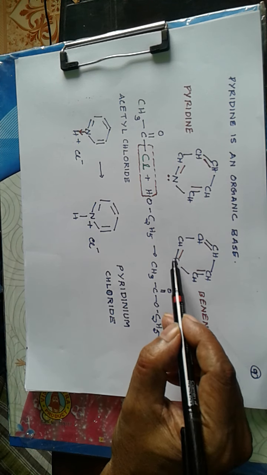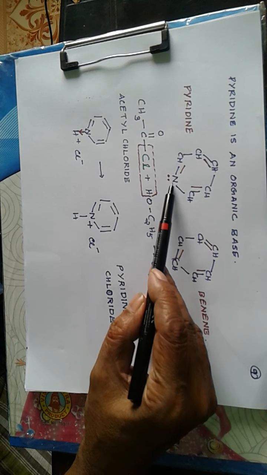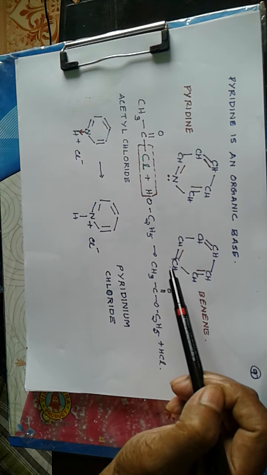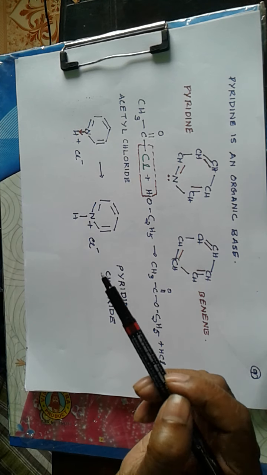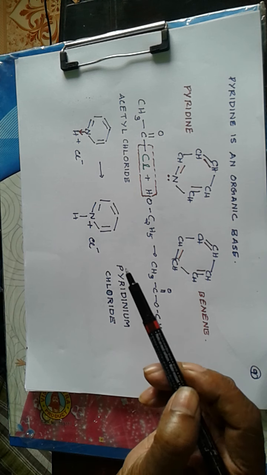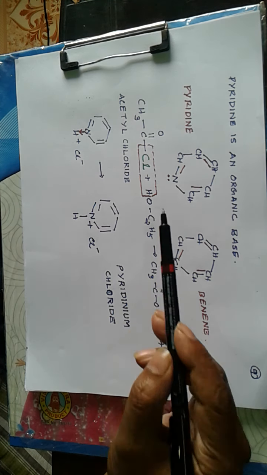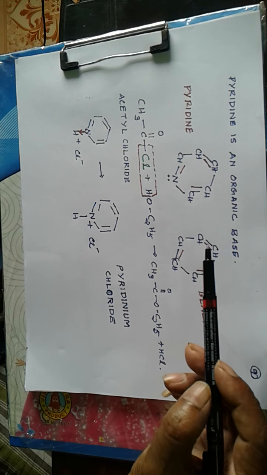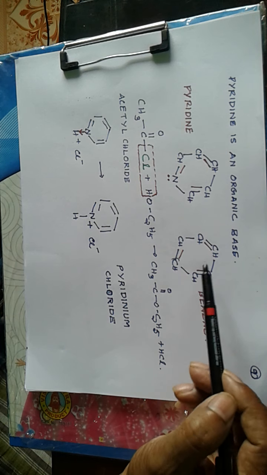Now, remove one CH group and place one nitrogen there. So, carbon has 6 electrons and hydrogen has only 1 electron. So, a CH group has 6 plus 1, that is 7 electrons, and nitrogen also has 7 electrons. So, pyridine and benzene have similarities.